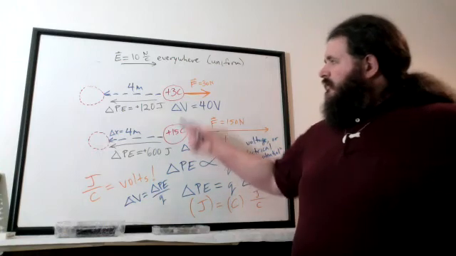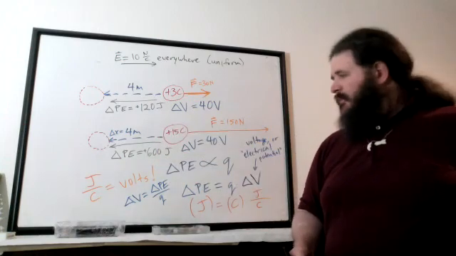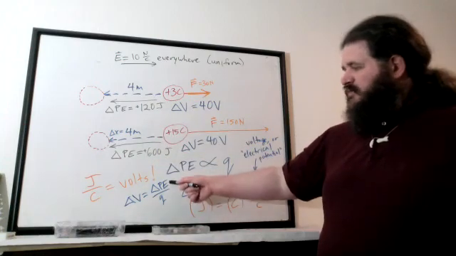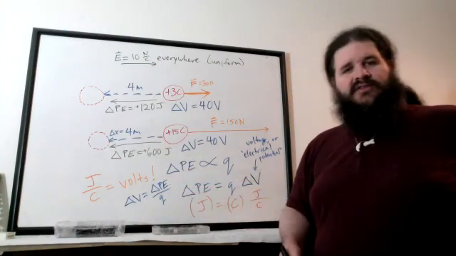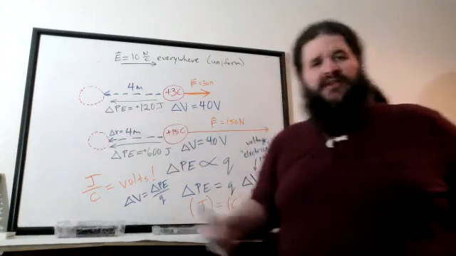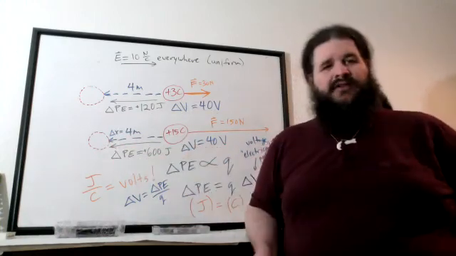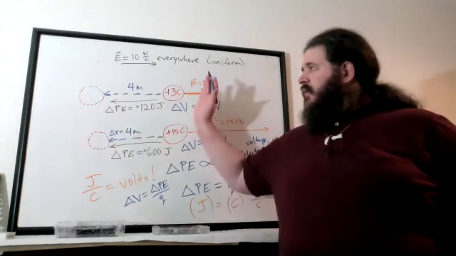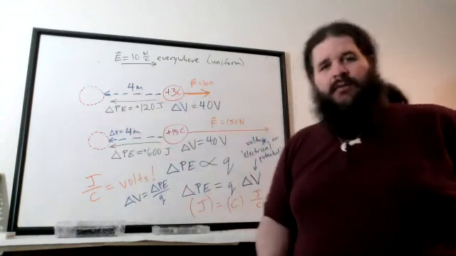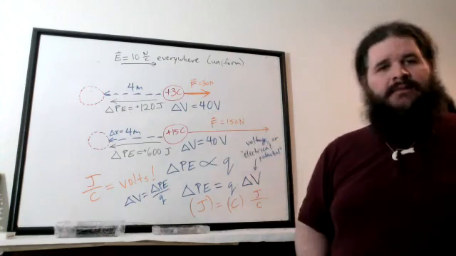So even though these different charges are experiencing different changes of potential energy, the ratio is the same. The ratio of potential energy per coulomb is the same. So let's say this particle gains 120 joules as it moves along this path. This particle gains 600 joules of potential energy as it moves along the path. But the path itself, regardless of what particle you put there, is a 40-volt path.